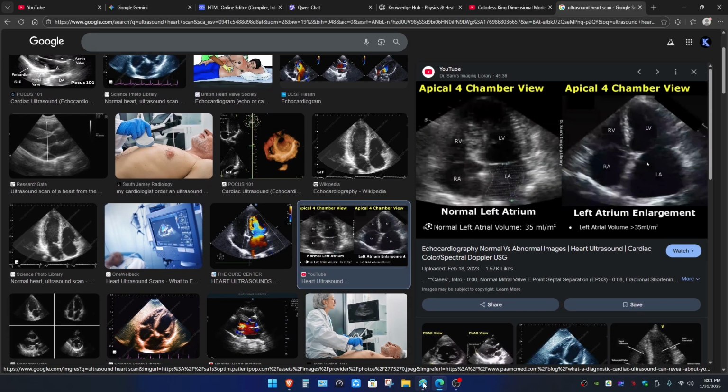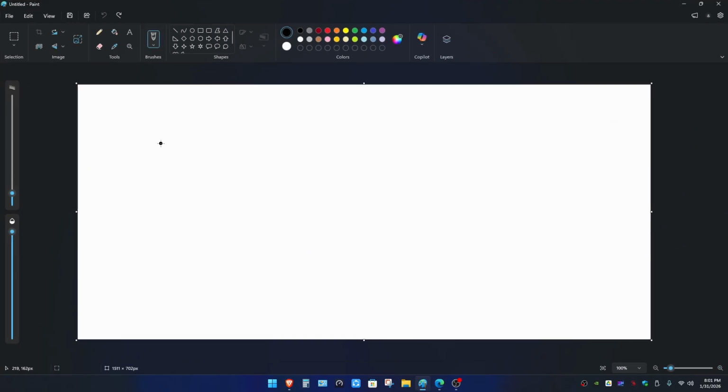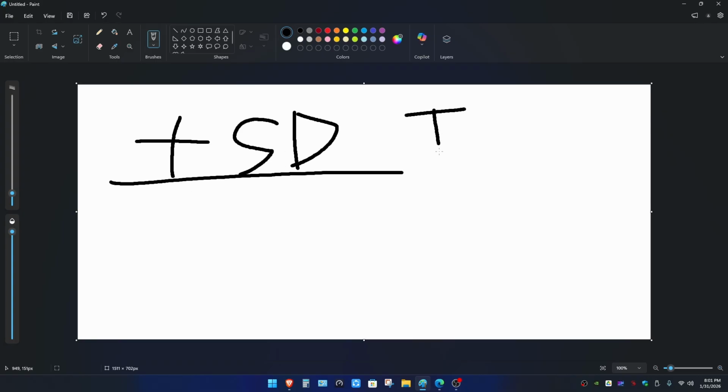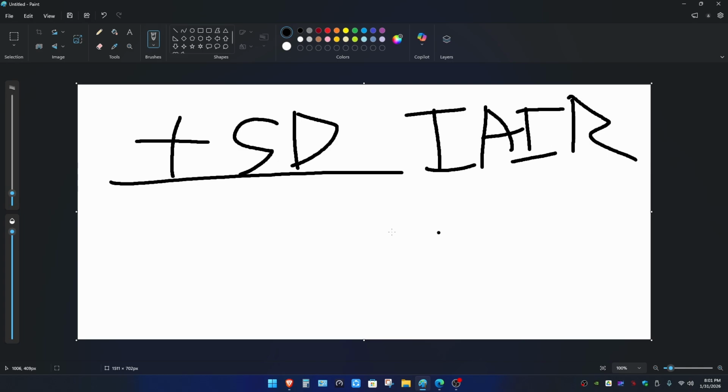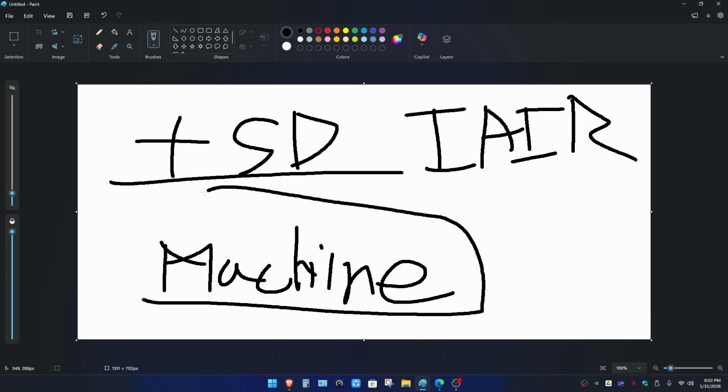So how it works is, first of all, we need the concept of five dimension, which is internal atomic information resonance. It means the resonance of the machine. The machine itself is resonating with what?